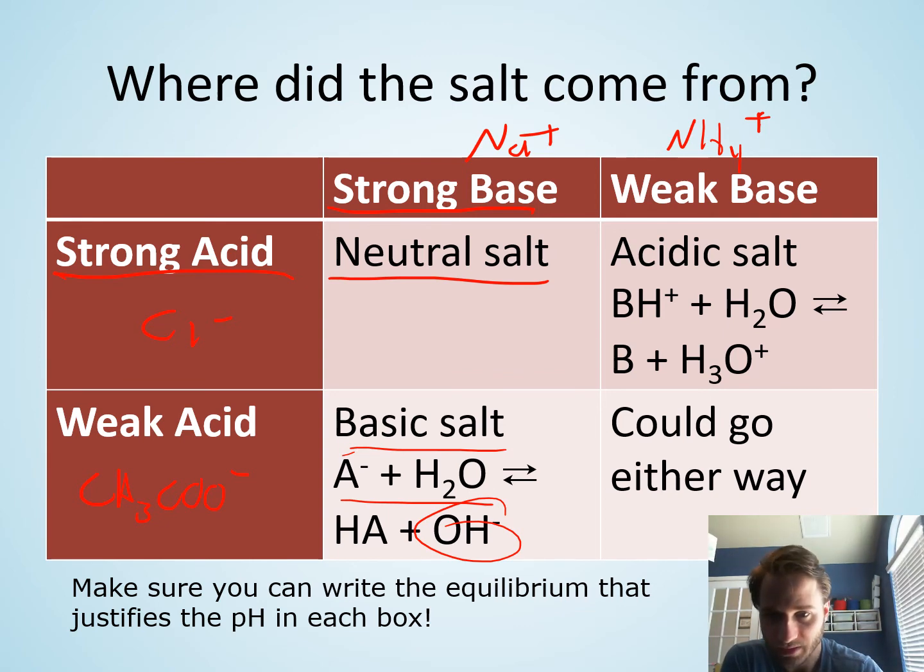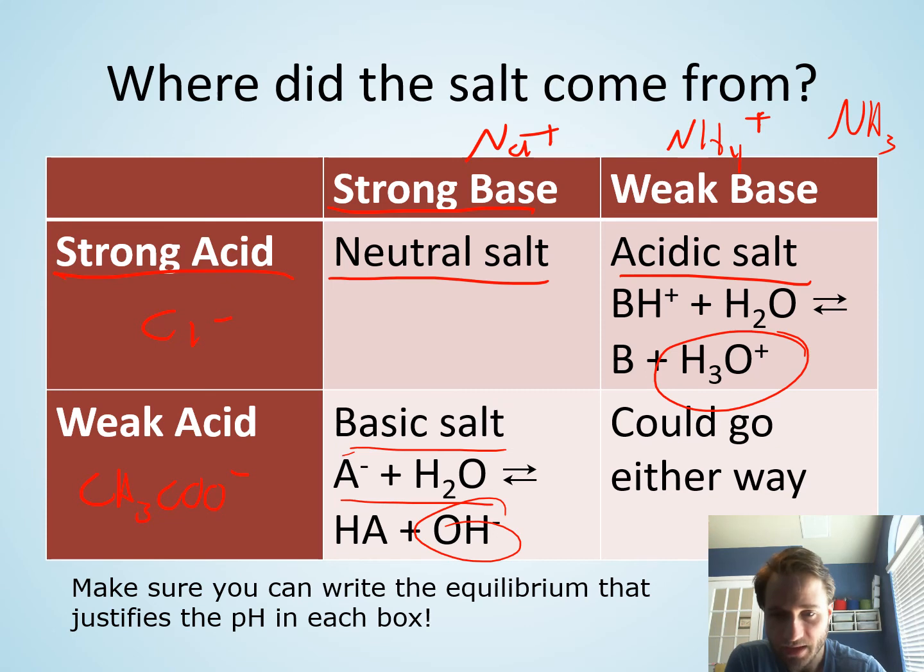This is the conjugate acid of a weak base, NH3. And so if my ion is NH4+, which is a weak acid because it's a conjugate acid to the weak base NH3, then this NH4+ in solution will make an acidic solution because it will react with water to form H+ ions in solution.